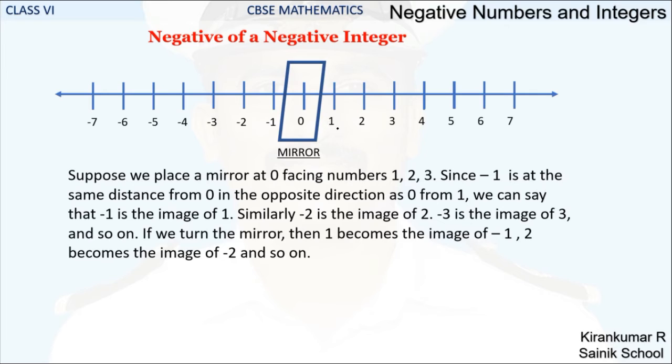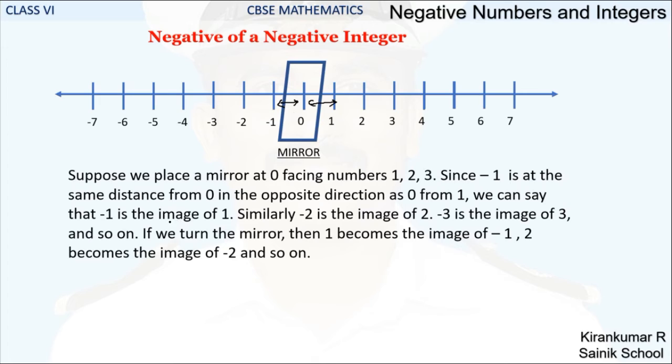These are the positive numbers. The mirror is facing these positive numbers. Negative 1 is at the same distance from 0, in the opposite direction, as 1 is from 0. Whatever the distance between 0 and 1, the same distance is there between minus 1 and 0.